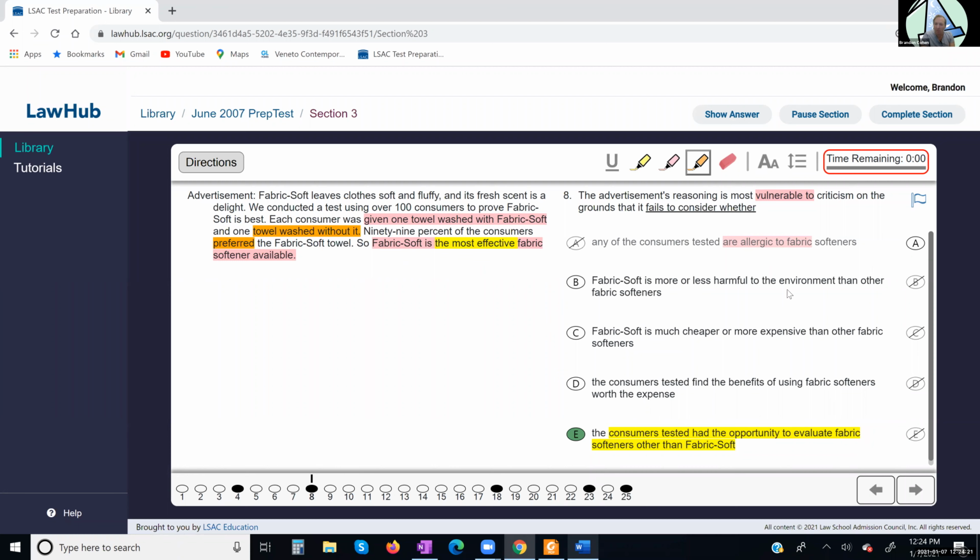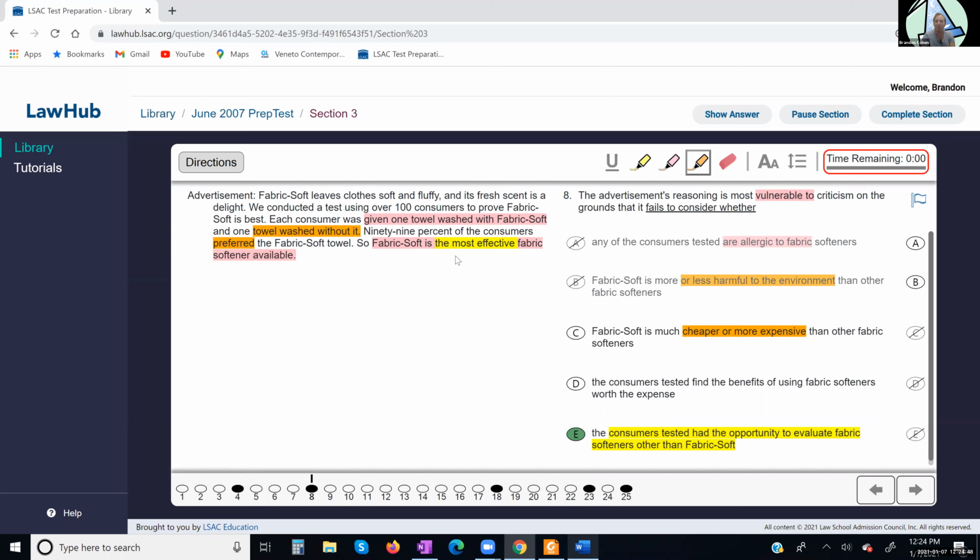Okay, so fabric is more or less harmful to the environment. Again, this is talking about harm to the environment. That's like allergies. It's another thing as to maybe their preference, but we already know they prefer it. The question is, does preference hit most effective? And so that's not influencing the effectiveness. Okay, so fabric softener is much cheaper or more expensive than others. Expensive, another factor that might be back to preference, but not about effectiveness.